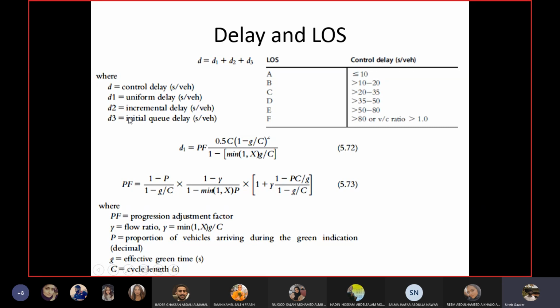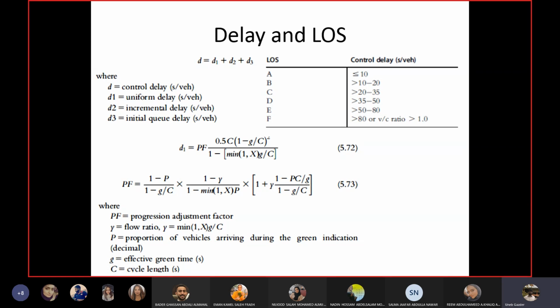Incremental delay basically means that when you have congested conditions, one extra vehicle added to the queue will not increase the delay proportionally.